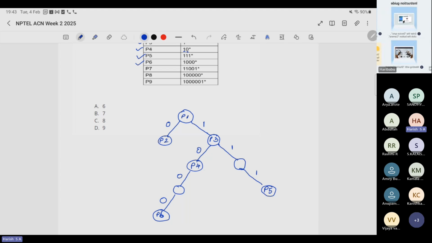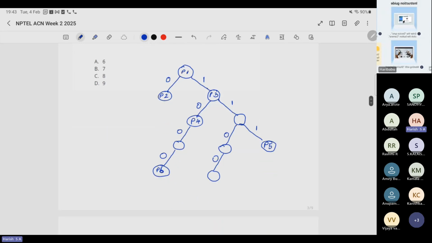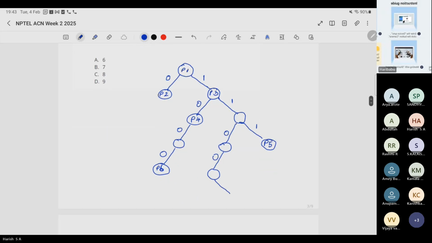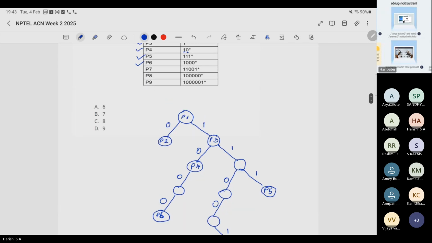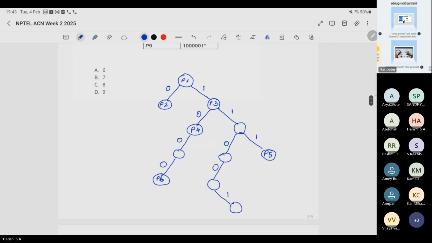Next is P7. P7 says 11001. So we already have 1 and a 1, and then we need to add 0, 0, 1. And this is P7.